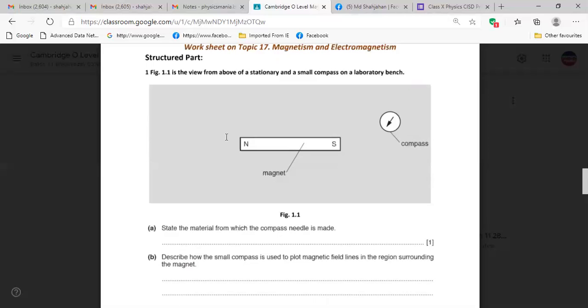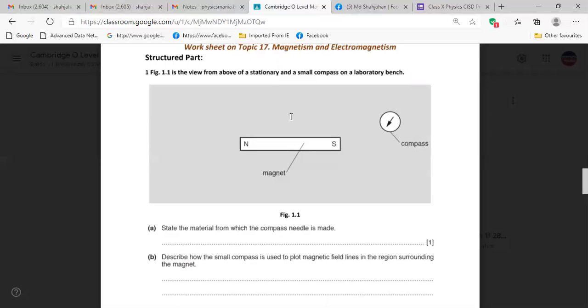Place the compass closer to the North Pole, then observe the direction of the North Pole in the compass and mark it. Mark the direction of the North Pole on the paper, right? Yes, sir. We should keep a paper, then we will mark it there.